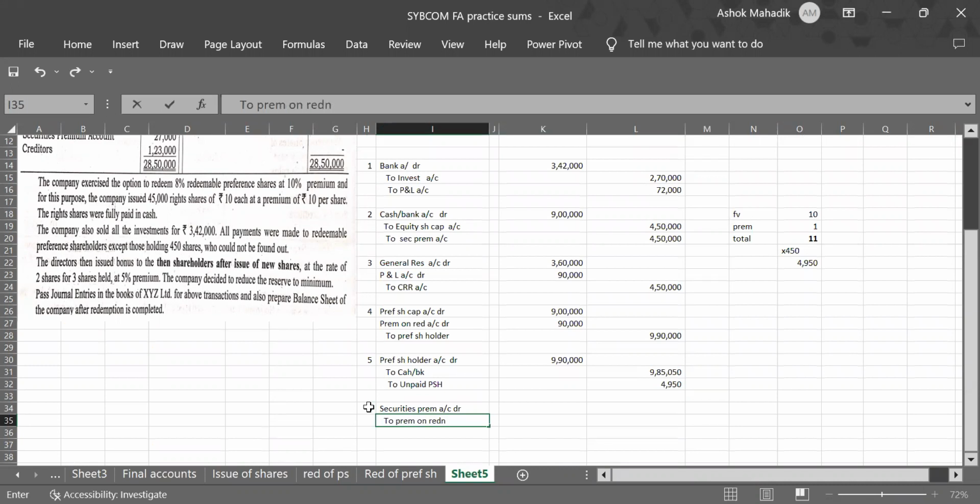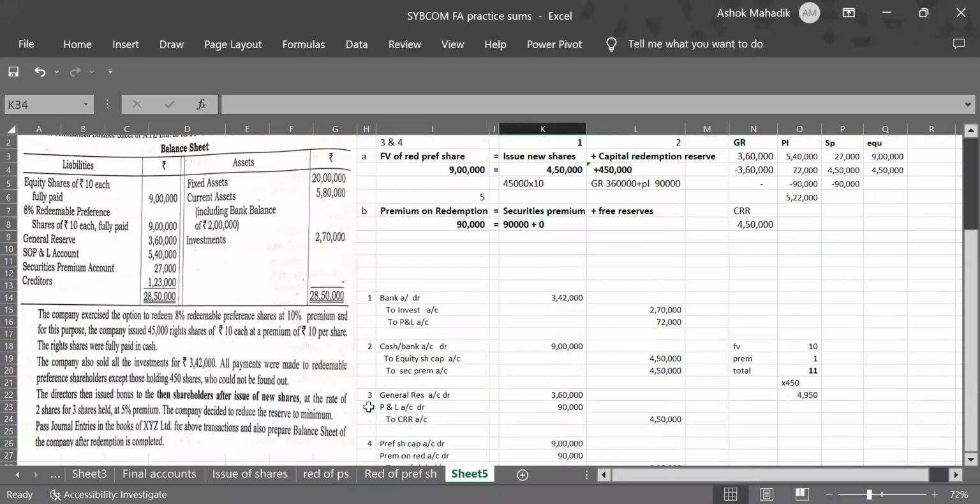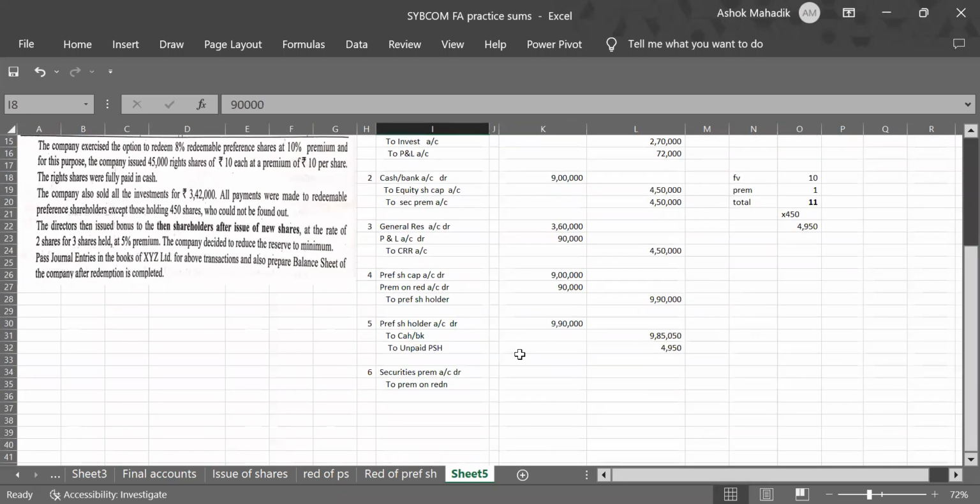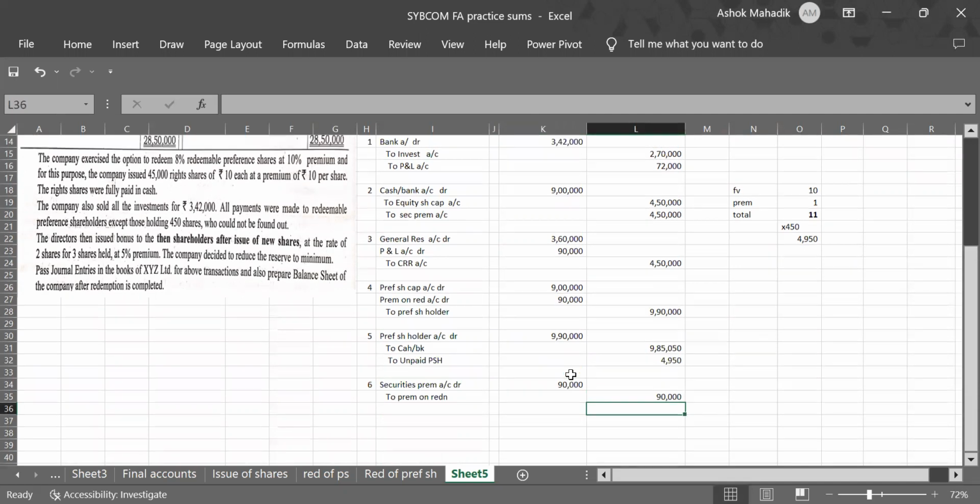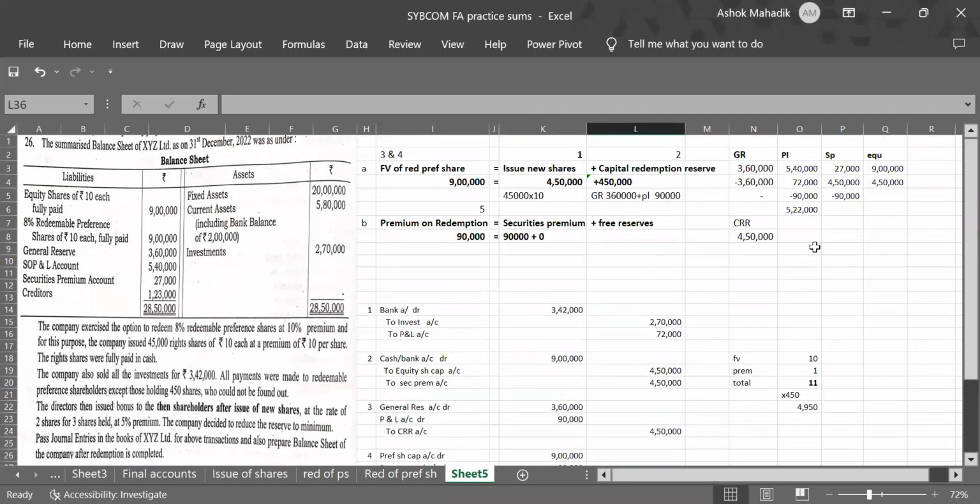How much was the amount? 90,000. Okay. This one. So we use securities premium worth 90,000 to write off premium on redemption. Clear? So in reserves, we have already shown securities premium minus 90,000 because we used it. Clear? Okay.